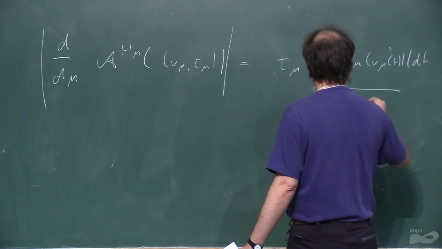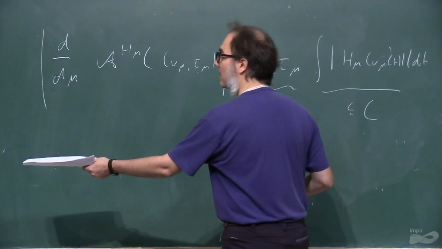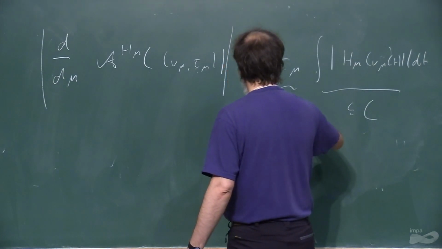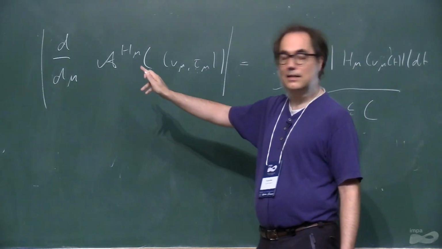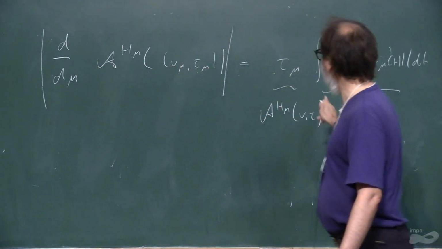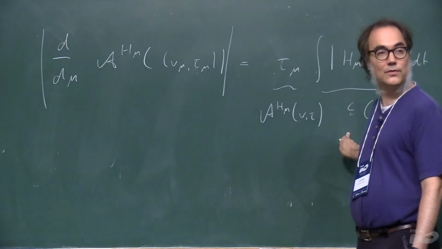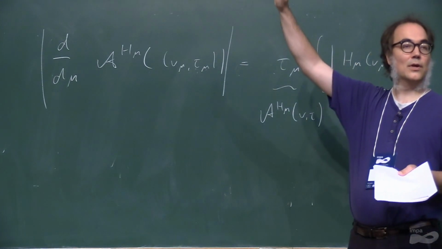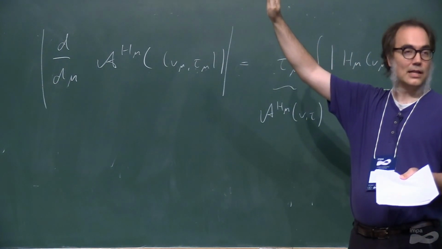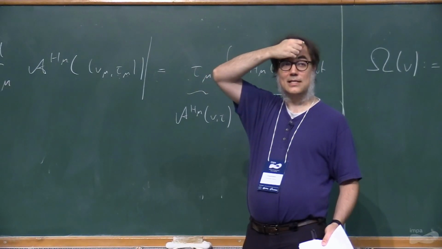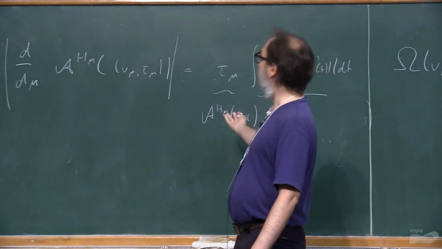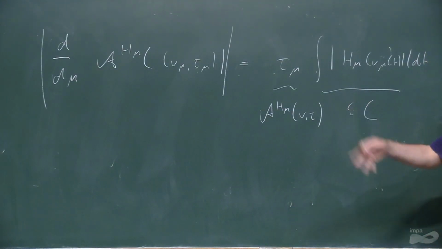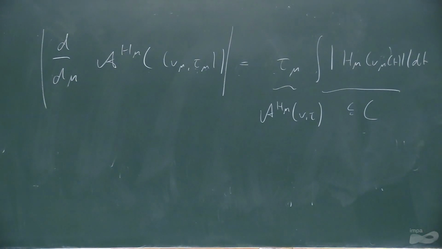So this is less than or equal to a constant times, by the contact condition, the action value. So you see that the derivative can be estimated in terms of the action value times a constant, and then it can grow at most exponentially, and it cannot explode. If the period explodes, it's called a blue sky catastrophe. And using this contact condition, you exclude these blue sky catastrophes, and that gives you the non-trivial omega limit set.